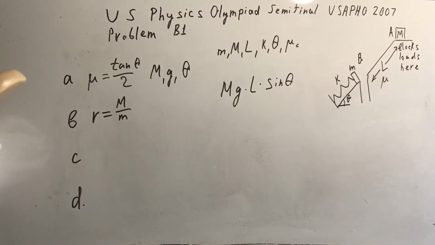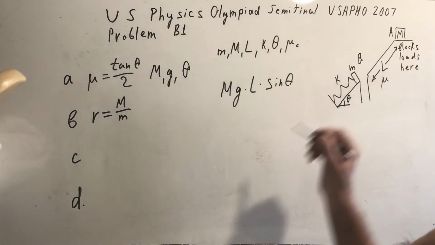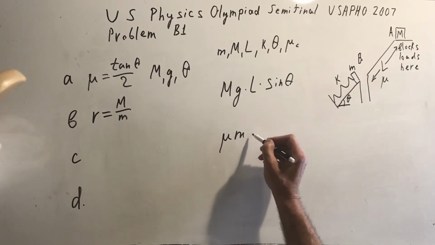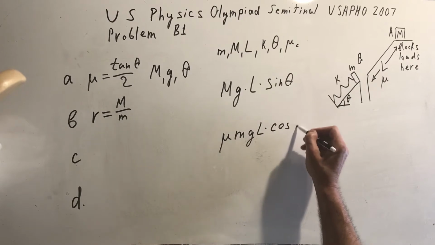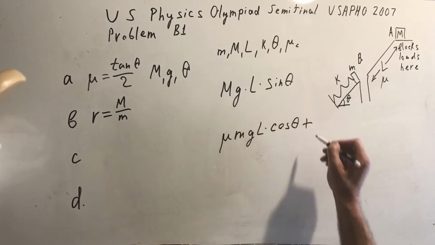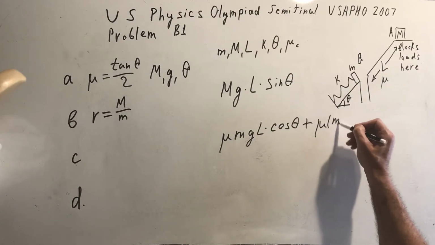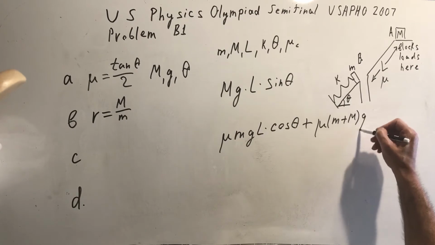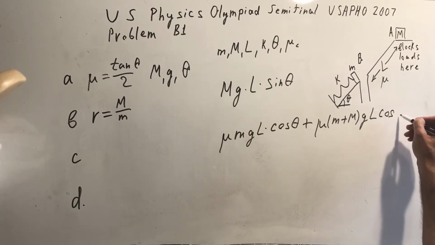And we can count this work, which for this block up will be mu mg L cosine theta, and down we have mu (M plus m) g L cosine theta.